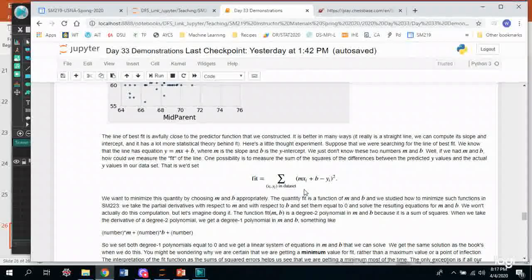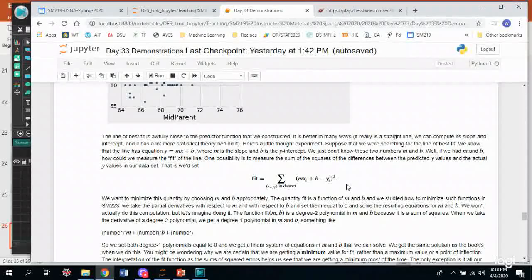Notice that m x_i plus b is actually our predicted y value. So we're taking the predicted y value, subtracting off the actual y value, and getting the error, and we're squaring that error and adding up all those squared errors.